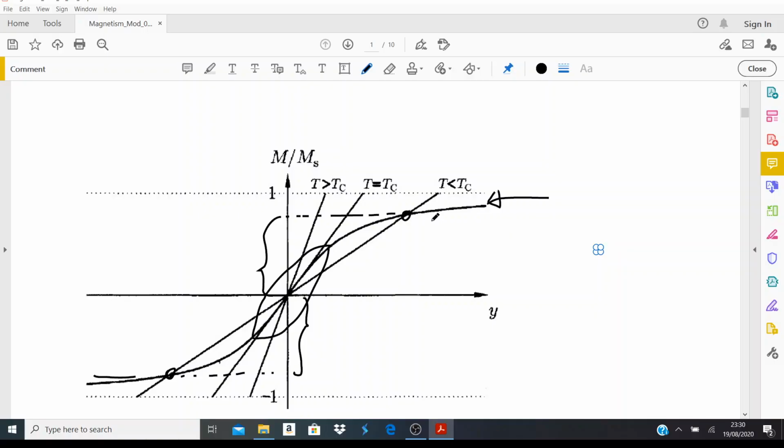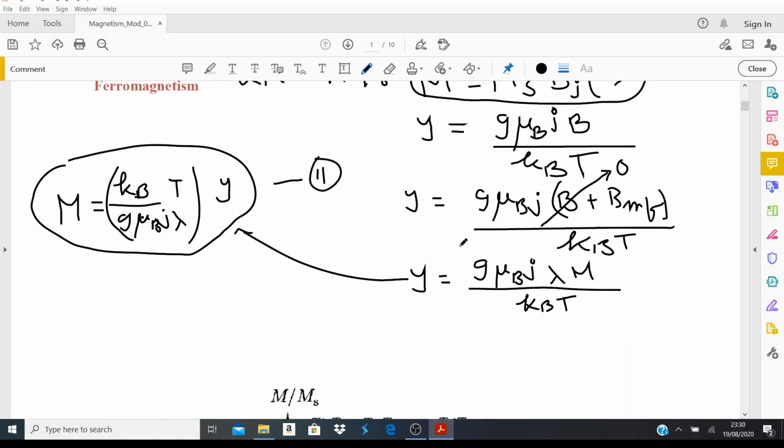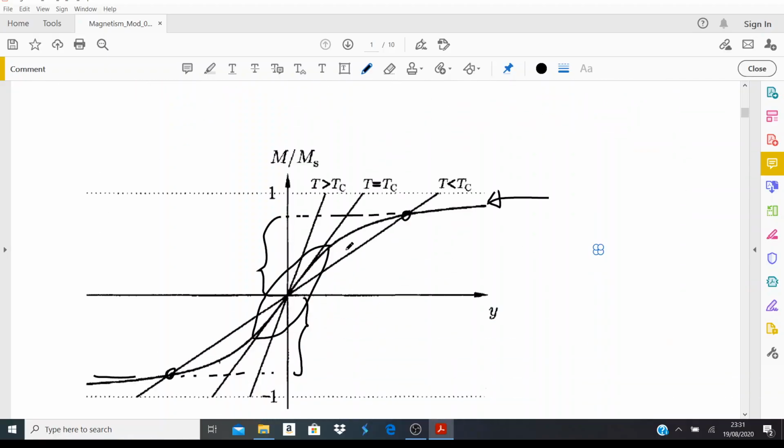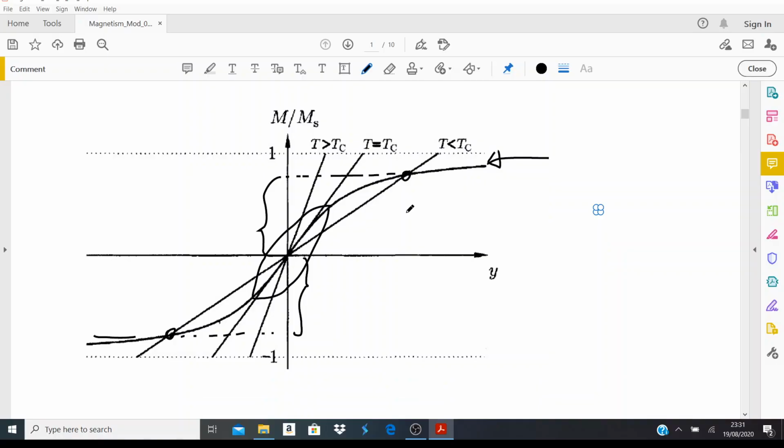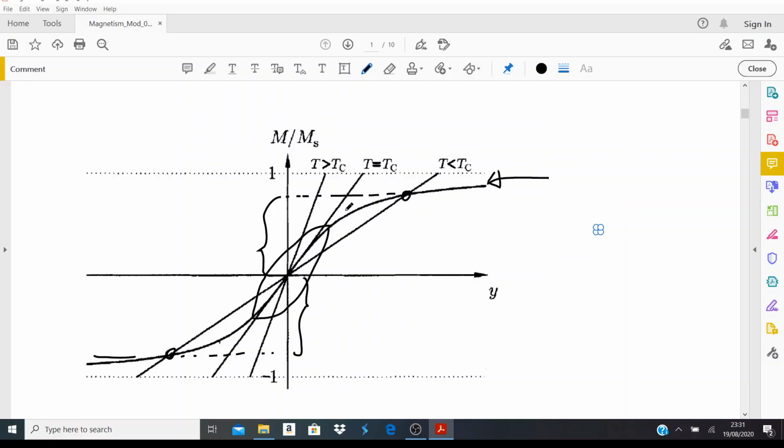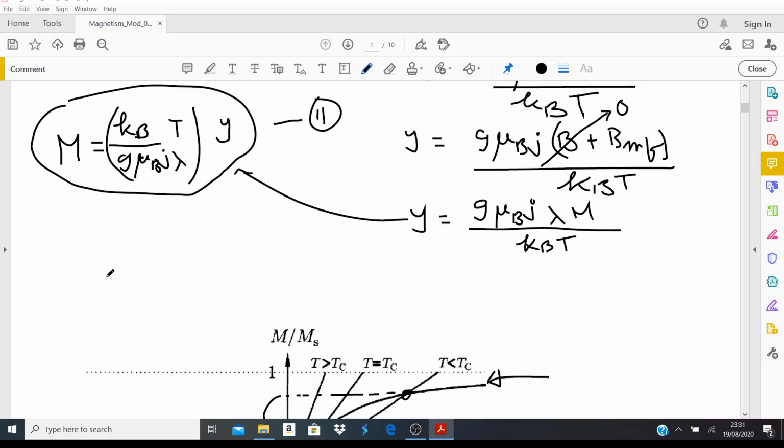Now, our plan is to estimate the value of this BMF from this curve, right? And how do we do that? Let's try to understand. To do that, first you see that at T is equal to Tc, the slope of these two lines, the nonlinear one and the straight line, are the same. So what is the slope of the straight line?